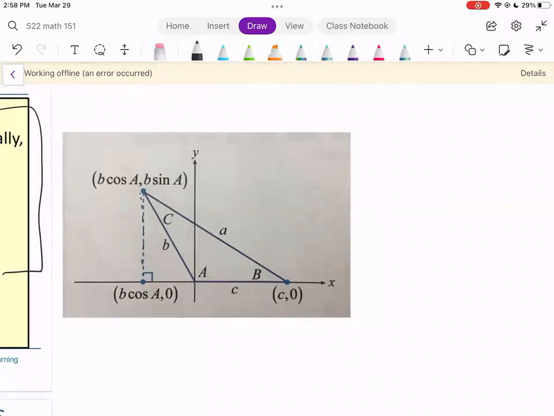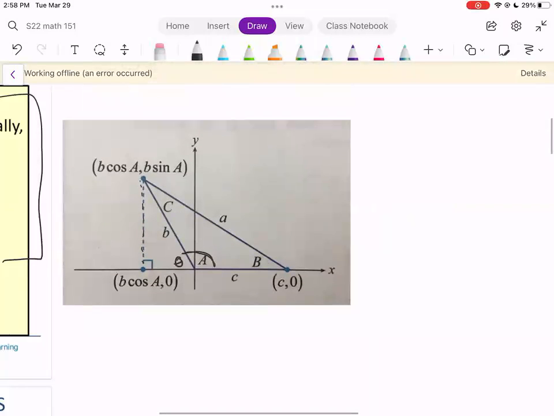Notice here that this angle, we'll call it theta, is our reference angle in the second quadrant for angle A. So from that, we can glean that the cosine of A is going to be this side here, which we'll call some value x, over the hypotenuse, which is going to be b. So this length here is b cosine of A, and that's how they're getting the x value here.